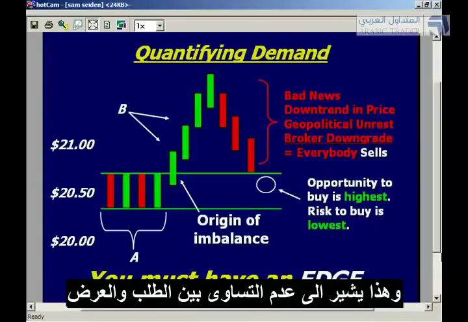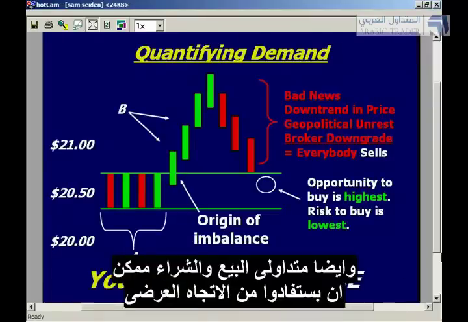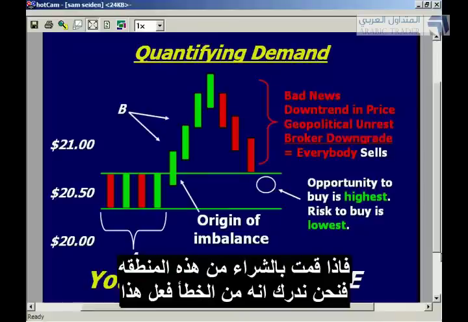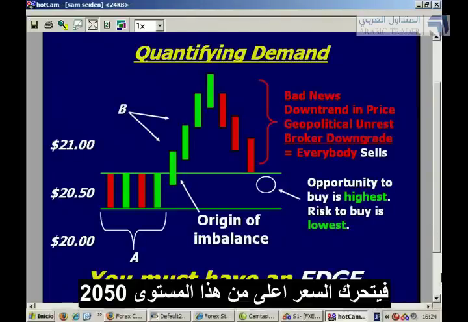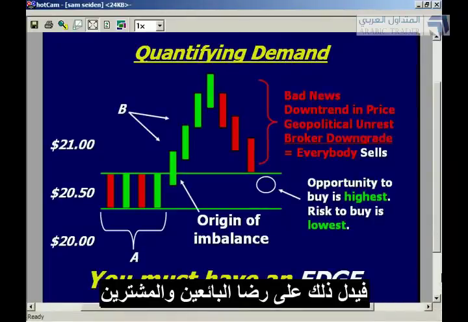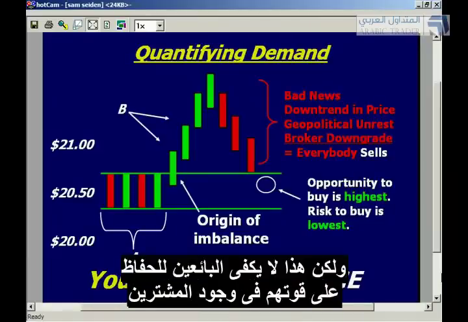Again, at A it looks like supply and demand are in balance, right? For every buyer, there's a seller. Prices are trading sideways. But as soon as prices start to rally from that level, we know that last statement is not true. The move higher out of the level at 20.50 tells us there are more willing buyers than sellers at 20.50. There weren't enough sellers to keep price there.